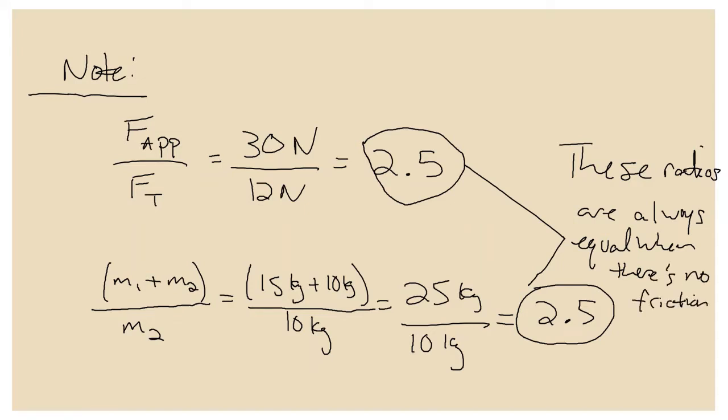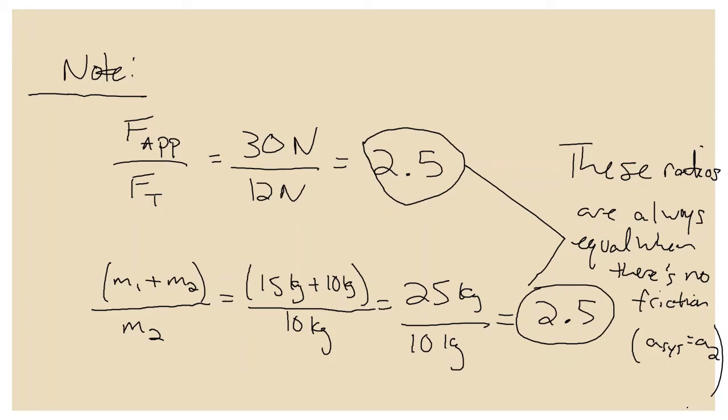And that's because whether you're considering the applied force acting on the whole system or just the tension force acting on m2, the acceleration of the system is equal to the acceleration of object 2.